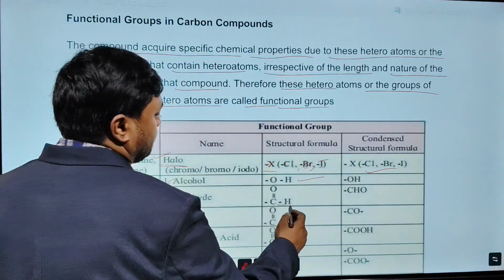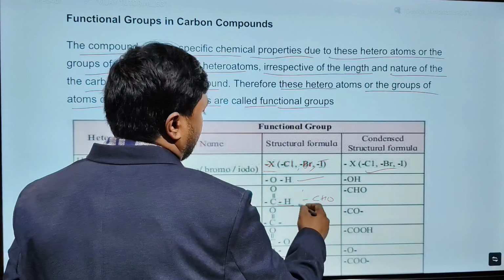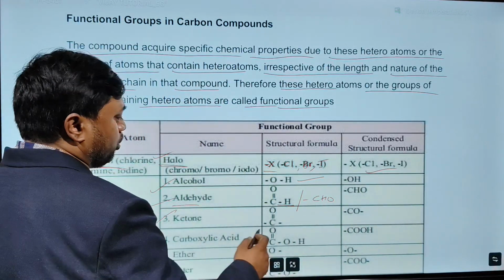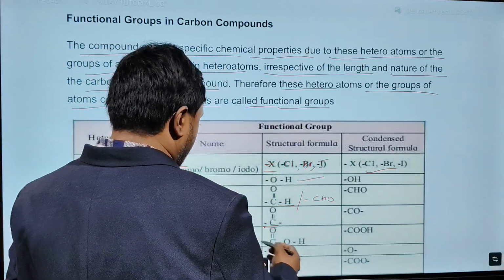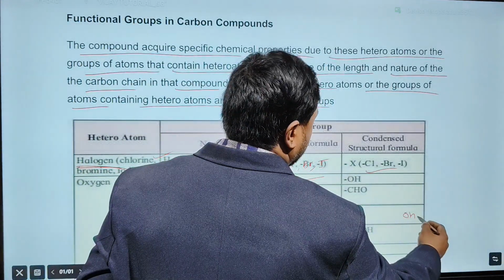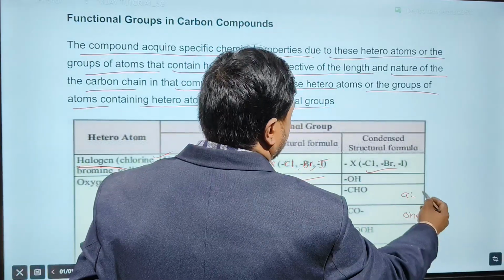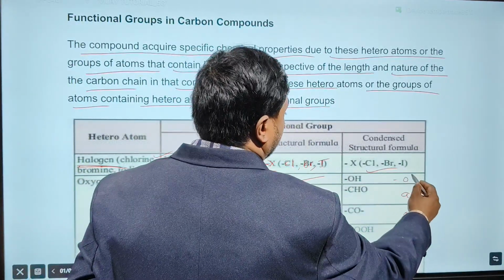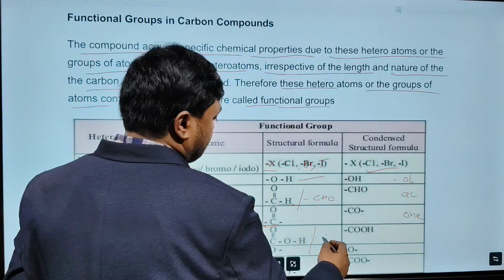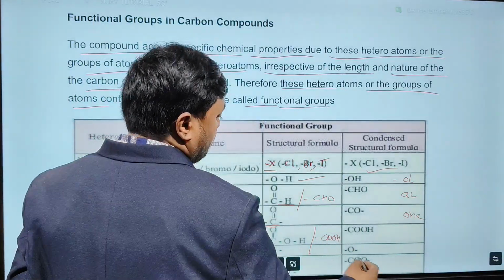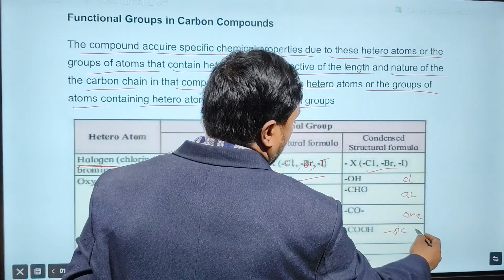Aldehyde, CHO, written like this or like this. Ketone, CO, is another functional group, and here we add the suffix one. For aldehyde we add the suffix al, and for alcohol the suffix ol. Carboxylic acid, COOH, where we add the suffix oic acid.